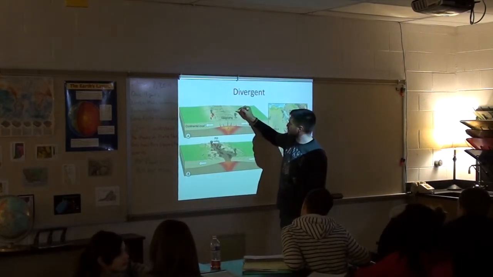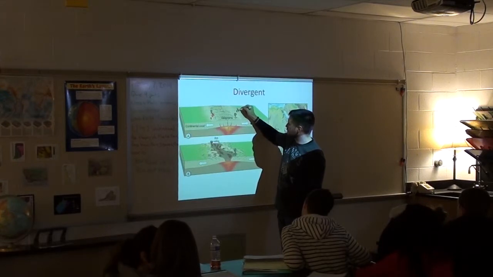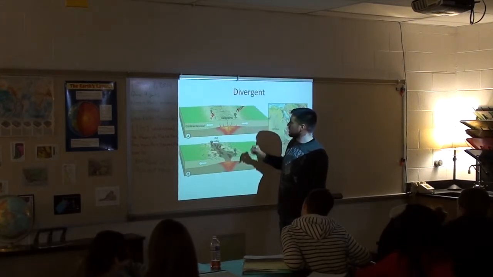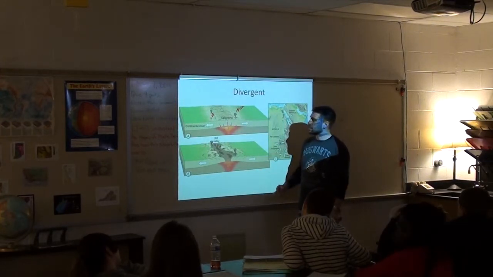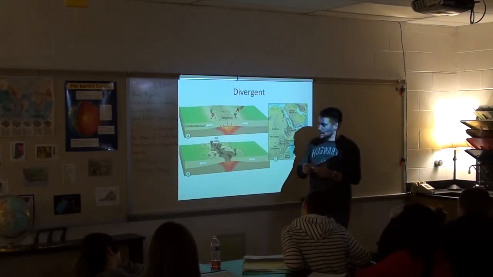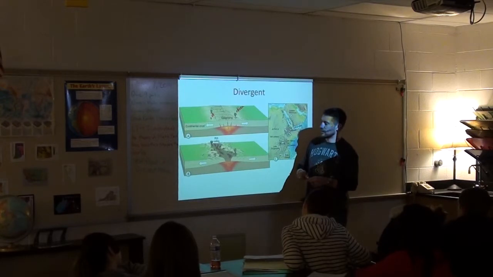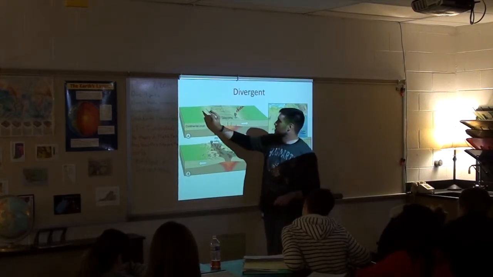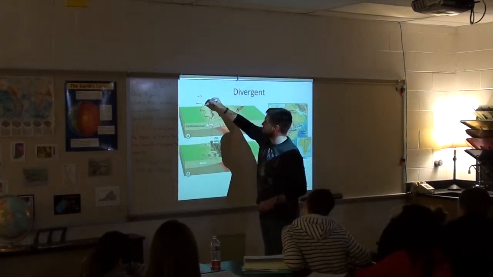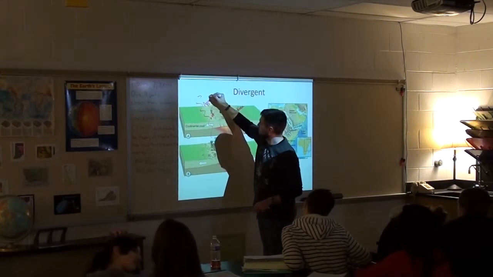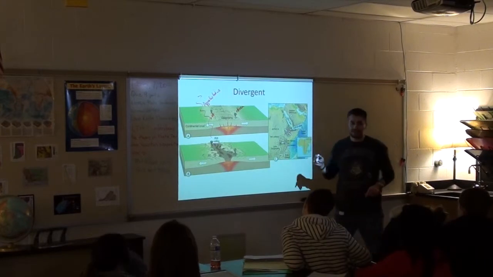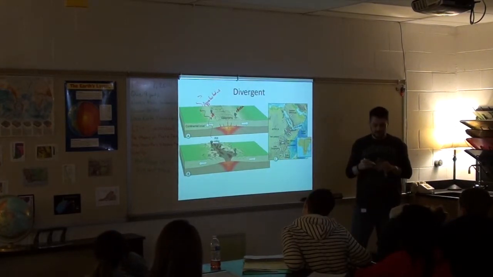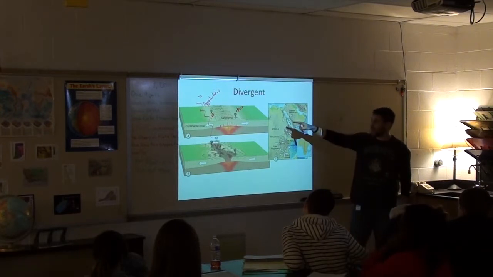Somewhere over here is going to be Africa. I might have my space off, but that's basically the idea. In between Virginia and Africa, somewhere on this side you have a mountain range. This is the Appalachians. When the Atlantic formed, this is what happened.